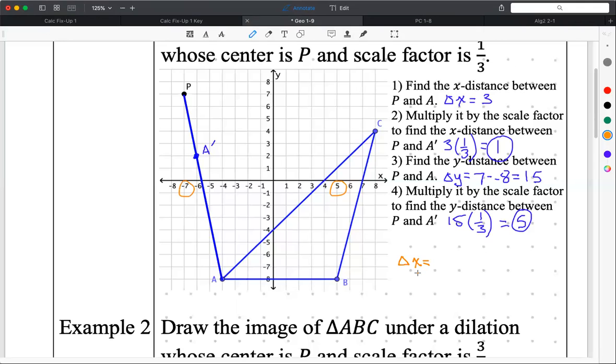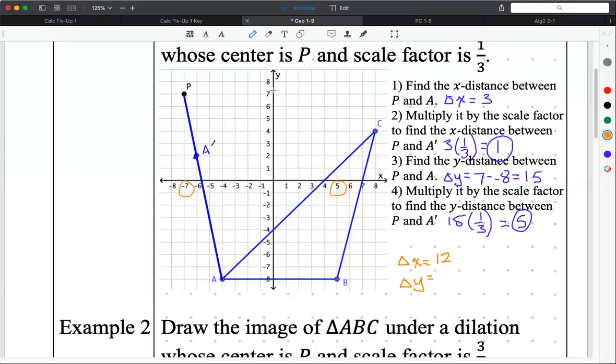What is my distance here? 12. Yeah, and if you need to do the math, 5 minus -7 is really 5 plus 7, which is 12. Perfect.